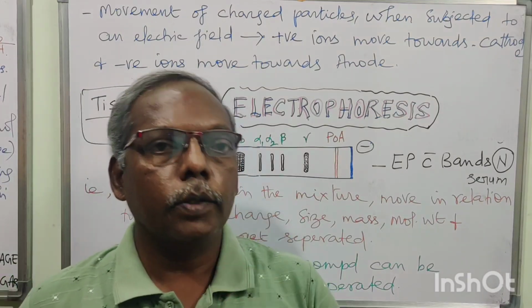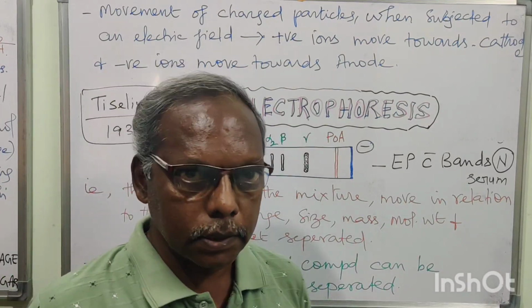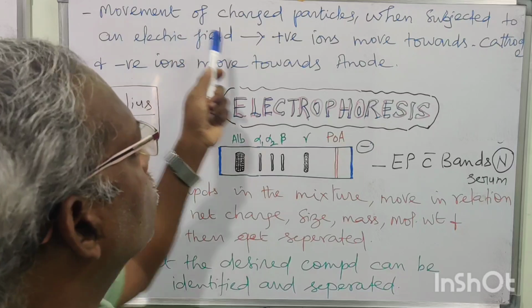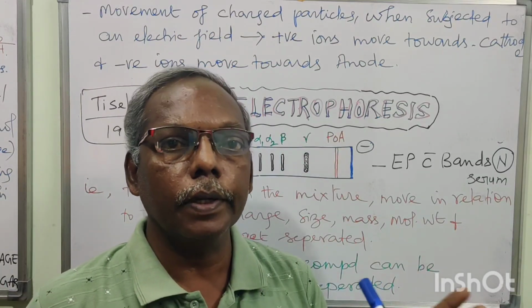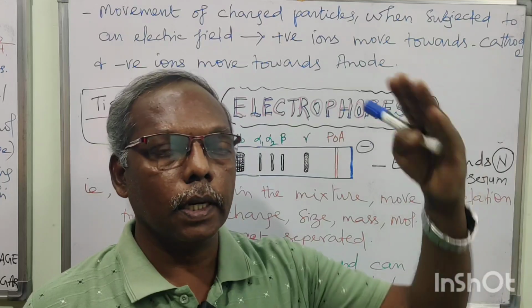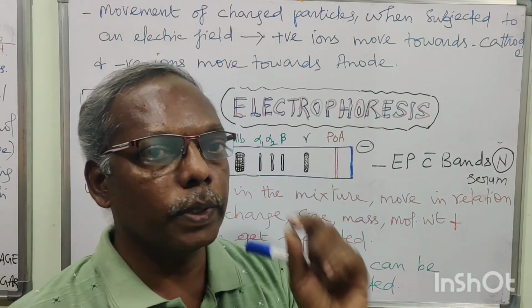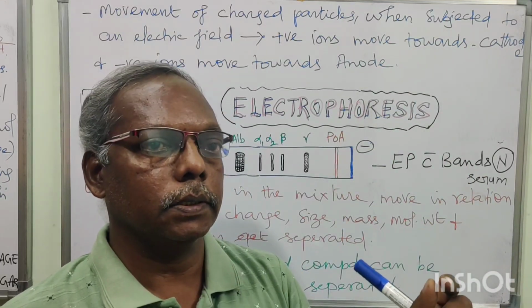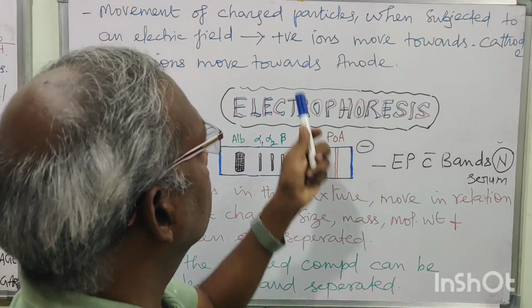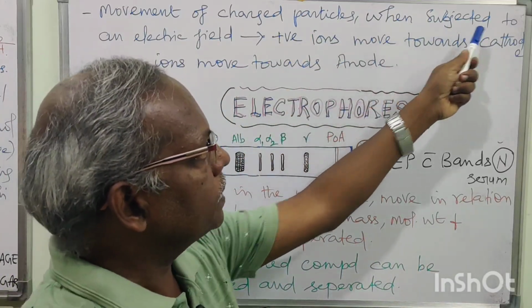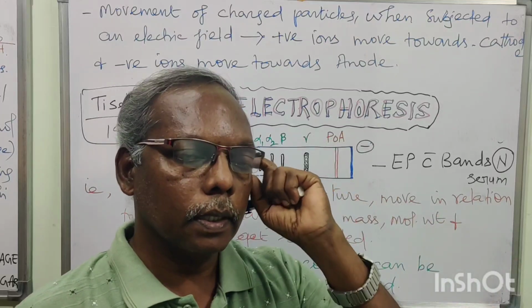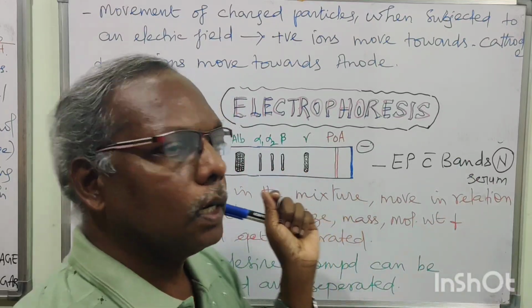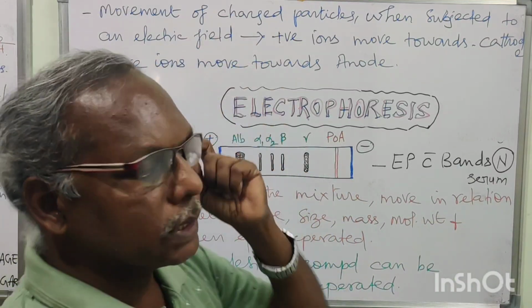Yes, the introduction for electrophoresis is the movement of charged particles. Particles may have either low charge or high charge. So the movement of charged particles, whatever the charge, when subjected to an electric field, the current passes through the protein or charged particles.